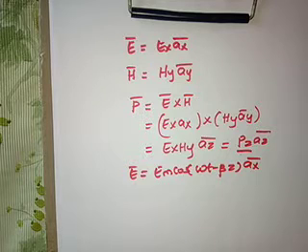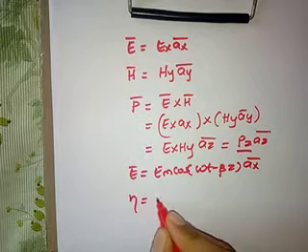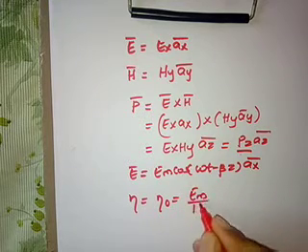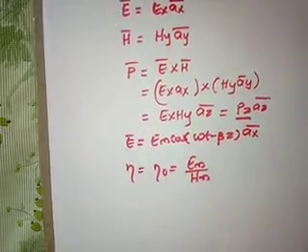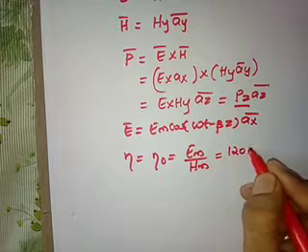Here the intrinsic impedance gives the ratio of magnitudes of E bar and H bar. So the ratio of E bar and H bar depends on the intrinsic impedance eta for free space. So eta is equal to eta naught, that is equal to Em upon Hm, which is equal to 120 pi.